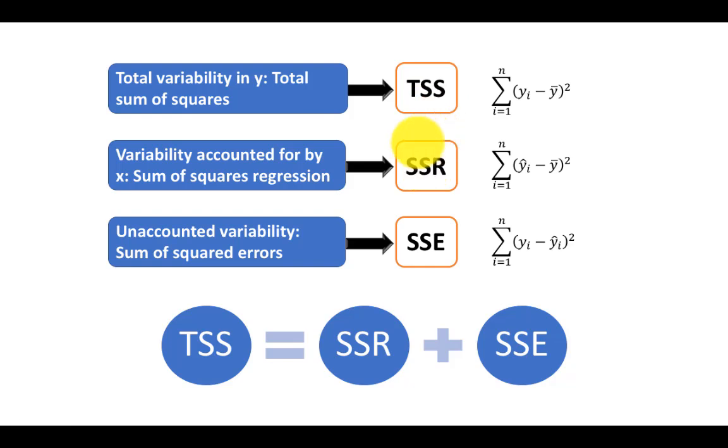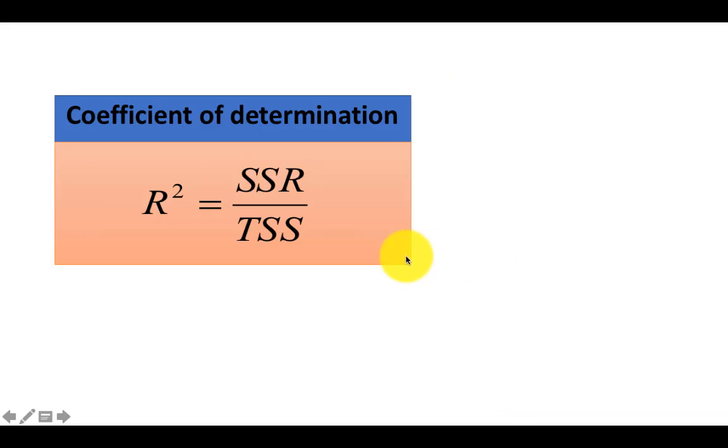Therefore, SSR as a proportion of TSS tells us how much of the variation the regression is able to explain, and that is what is called R square, or the coefficient of determination. That's a measure of how much of the variability in the target attribute is explained or accounted for by the regression.